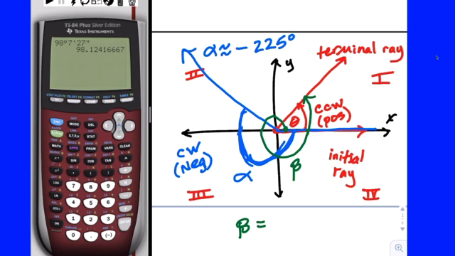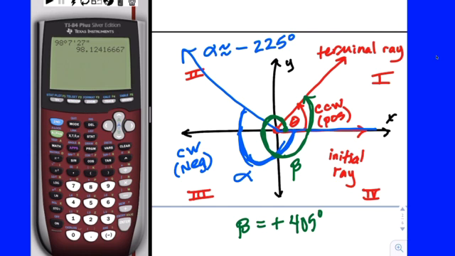If I start on the positive x-axis and rotate counterclockwise, it's going to be a positive angle. And let's see about how big it's going to be. I go all the way around. A full rotation is 360 plus about another 45. 405. Wow, 405. So beta is approximately 405 degrees.